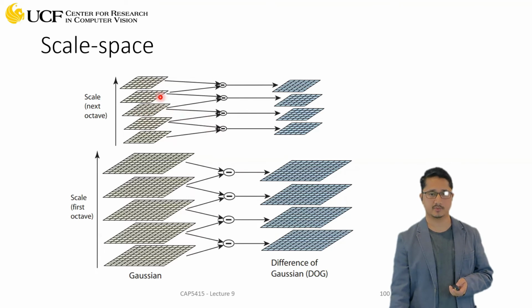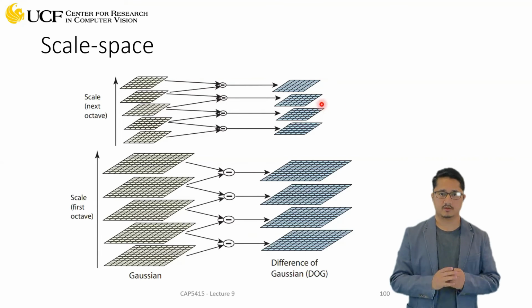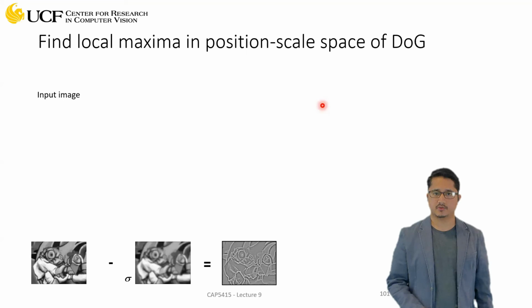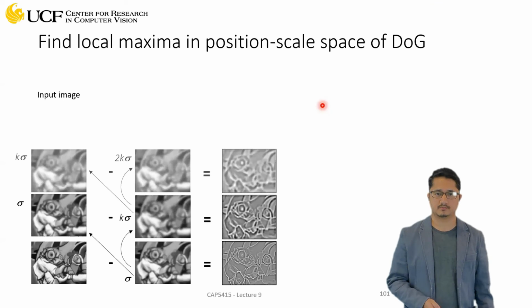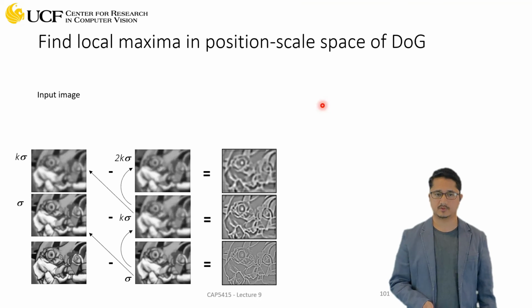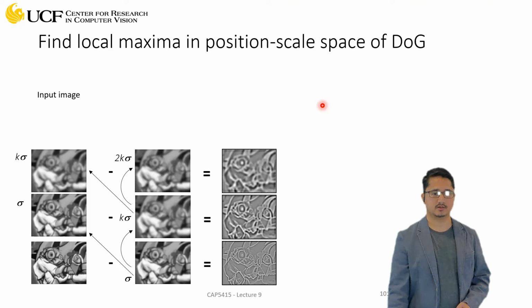And again, you will repeat the same process for this stack as well, and from this, you will try to find out the key points. Yeah, this is just trying to visualize the steps I showed you earlier. You smooth your image, and again you smooth with a different standard deviation, you subtract.